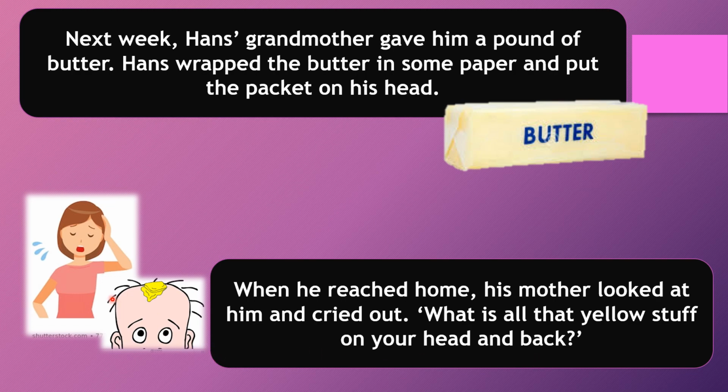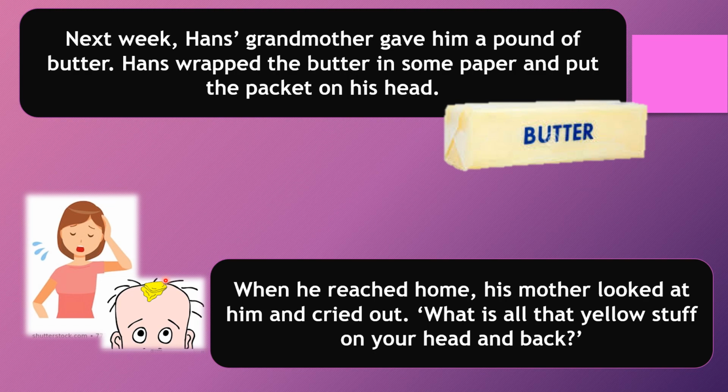He has carried the butter on his head, and due to the heat of the sun, the butter has melted and it has completely gone on his head, on his shoulder and back. So he's completely wet with the butter. All yellow stuff on his head and back.